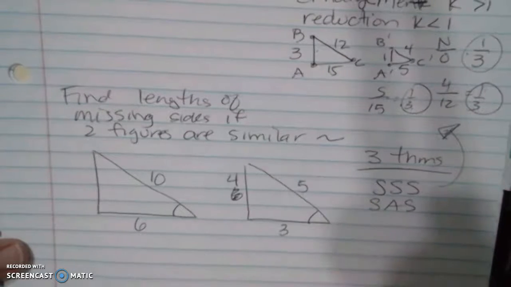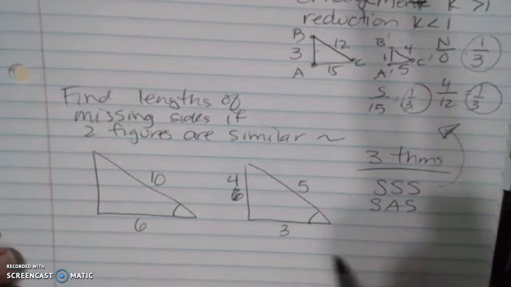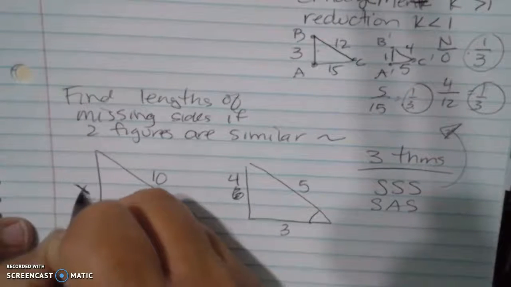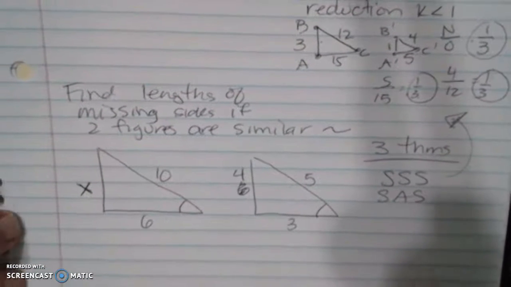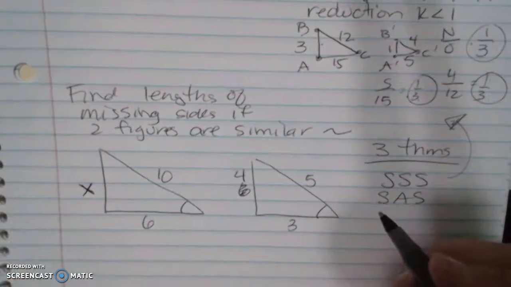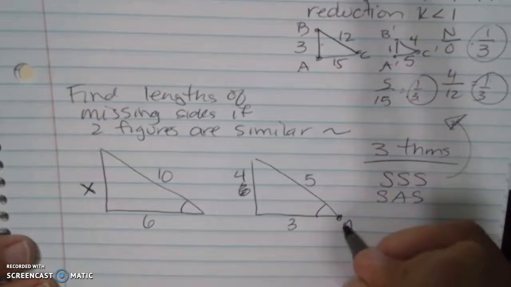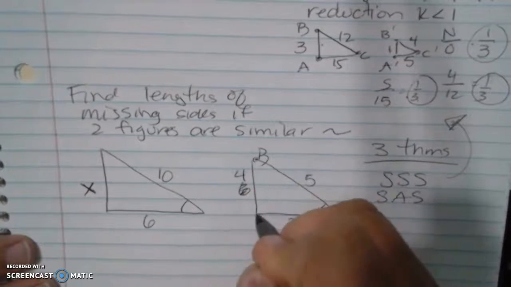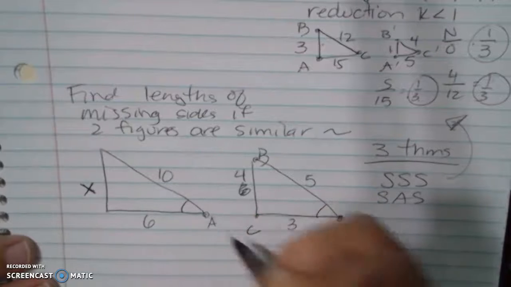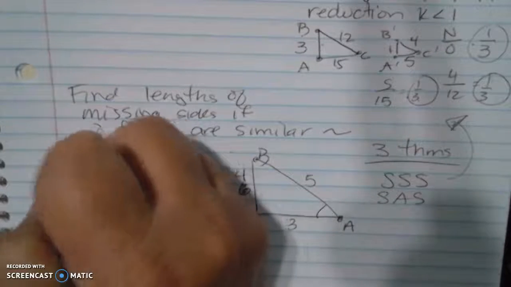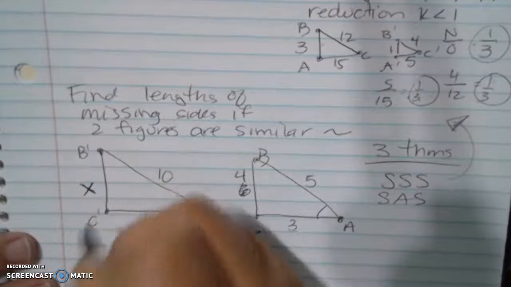Let's say it's 4. 3, 4, 5. Then I want to find out this missing one. Well, you might be able to see the scale factor already. And I'll call this A, B, C, and this is A prime, B prime, C prime.